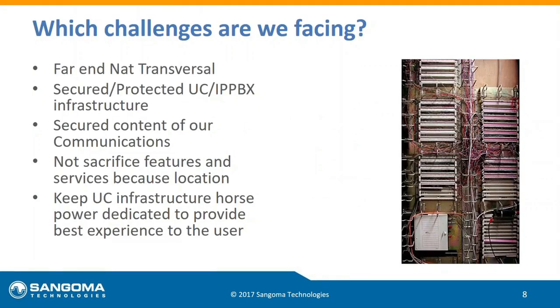As Frederick said already, there are several challenges when we are doing a voice over IP deployment, where we have users accessing the services from public networks or trespassing through public networks. One of them is far end NAT traversal.